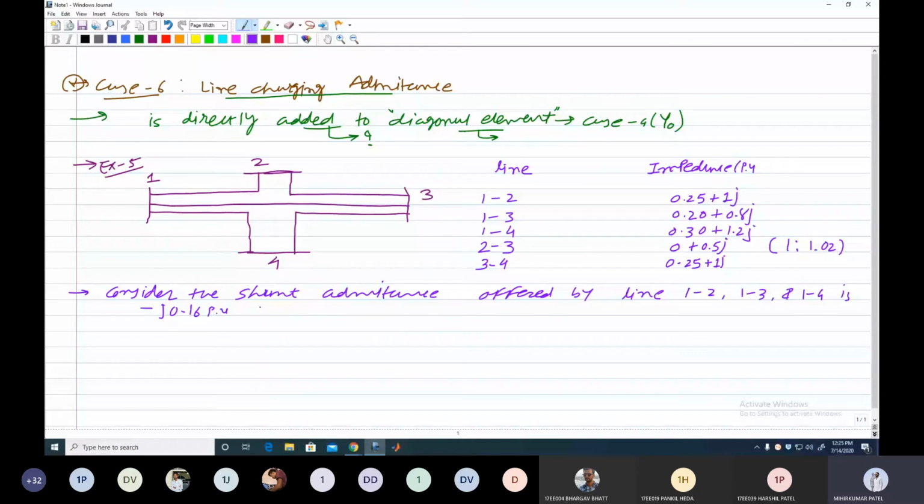The transformer between bus number 2 and 3, transformation ratio.